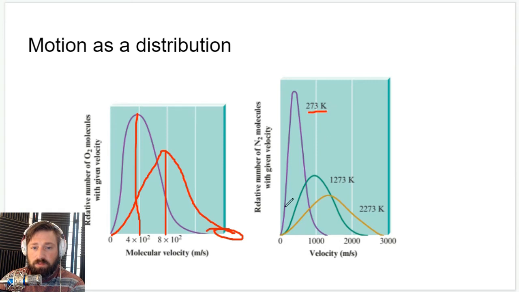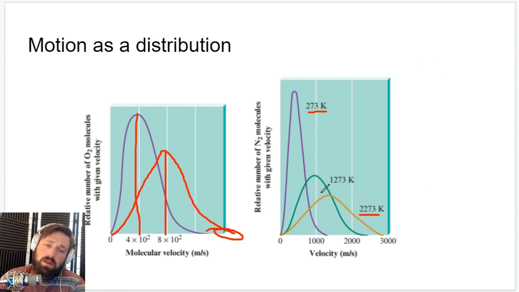whenever it's at room temperature, 273 Kelvin, it has this type of distribution. If we increase the temperature, it is now more stretched out. It's smaller because some particles are moving faster, some are moving slower. If we increase the temperature even more, it flattens out even more.